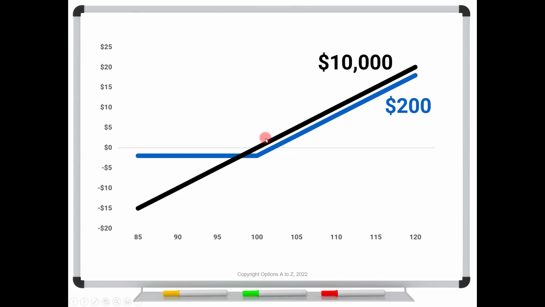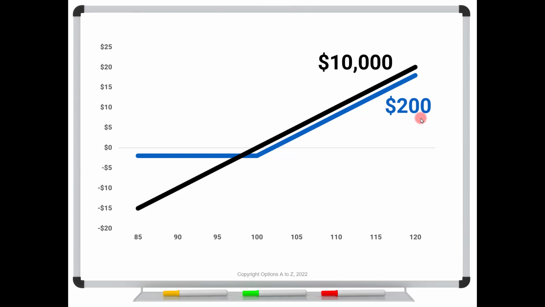And you can see that by the slope of this black line right here, this angled part, compared to that same part in blue. Both positions control 100 shares of stock, and that's why these angles, or these deltas, are identical. Now, yes, the blue line is shifted out this way a little bit. How much? By $200. That's the amount you had to pay for the option.